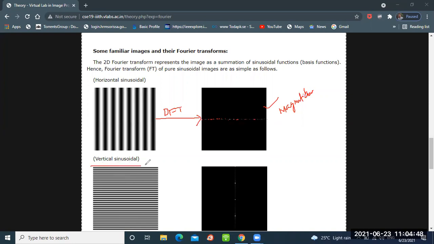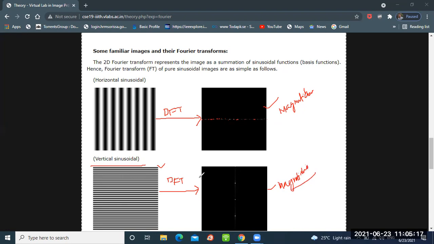Similarly, this is my vertical sinusoidal image. When I convert it using the DFT, I get this as the magnitude spectrum.